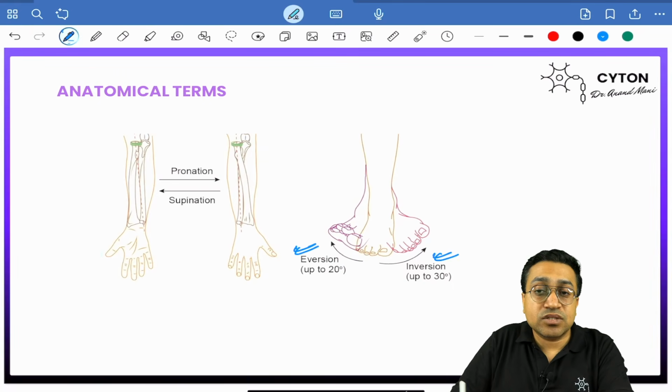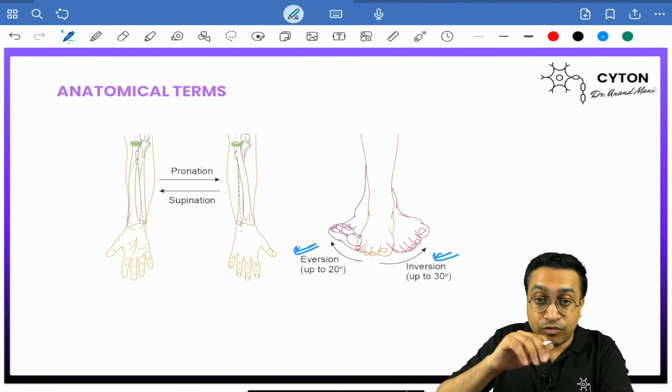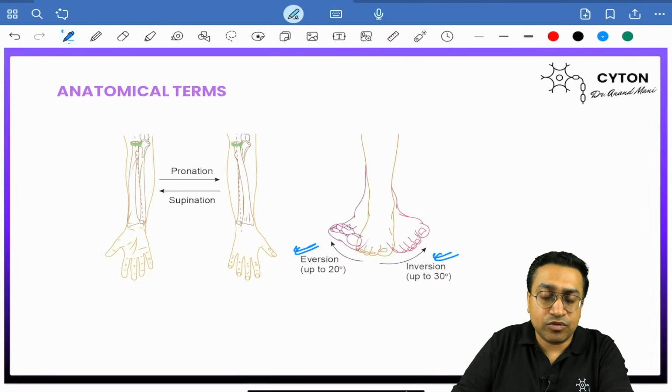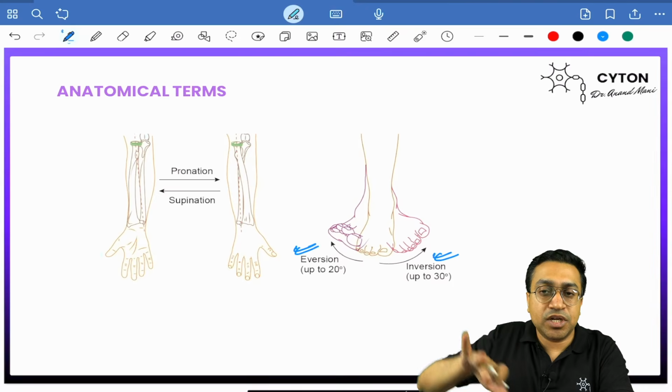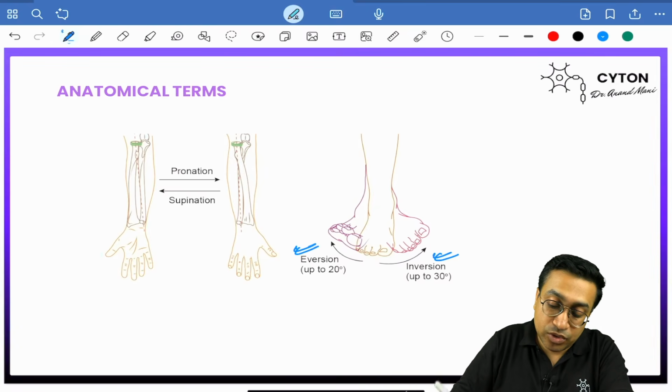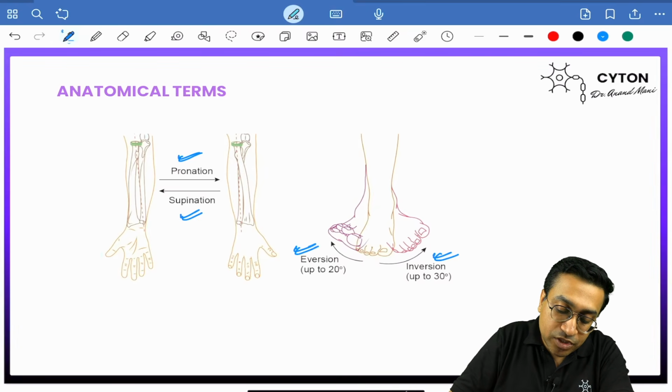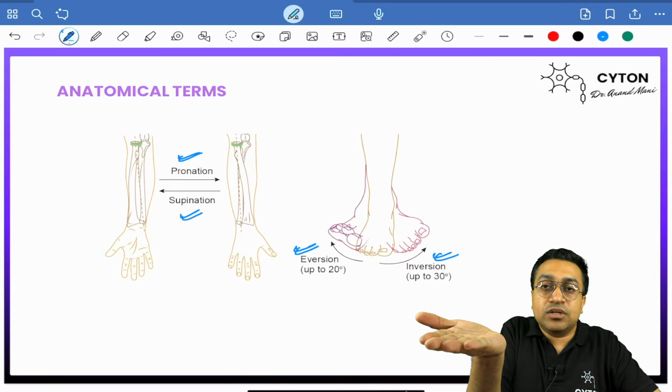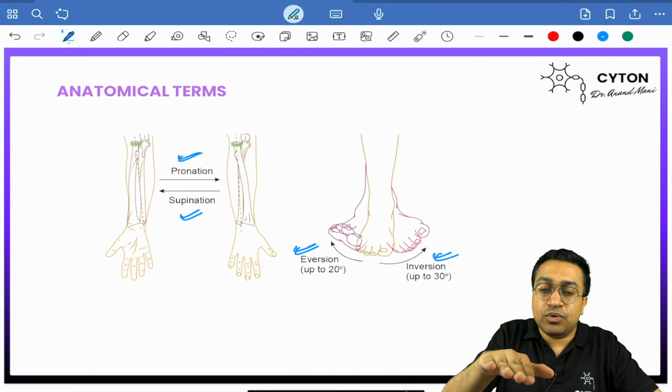So that is of the foot, which help in walking on uneven surfaces. Okay, you can see in this image eversion and inversion. The movements of the thumb occur in a perpendicular plane than the other fingers. Okay, so you can see the pronation and supination here. So supination, pronation, supination, pronation.